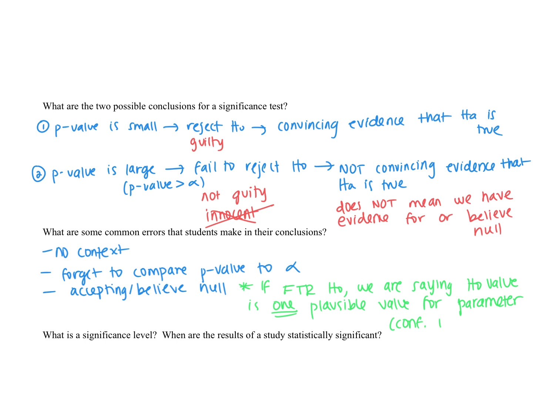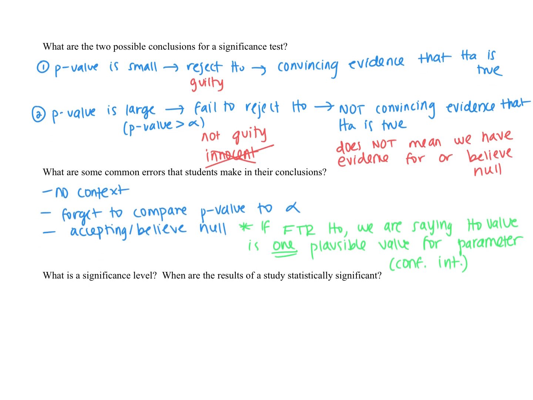This relates back to a confidence interval. So if we fail to reject the null, we're not saying that that null value is true. We're saying it's plausible, that if we were to construct a confidence interval, that that's one possible value. It doesn't mean that it's the true value, though.